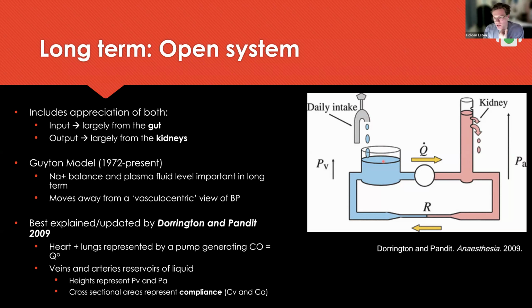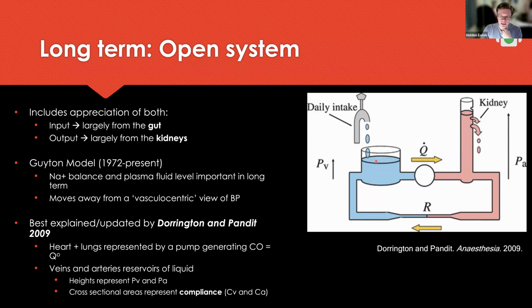You'll have seen it in lectures before, but I'll quickly explain it again. You have the heart and lungs modeled by this circular pump with an output of Q. You have the total vascular resistance, the average of all peripheral resistance, as R. And then you have a venous circulation and an arterial circulation with reservoirs indicated by these cylindrical columns.